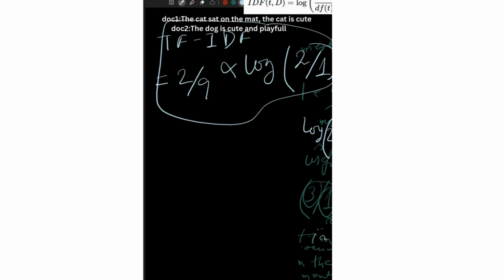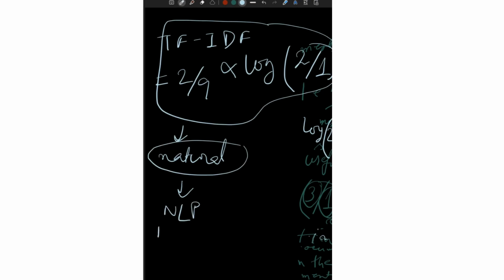This thing we will calculate in Node.js. Don't be scared about this, because in Node.js we have a separate module for implementing Tf-Idf. That module's name is natural. I guess natural means natural NLP, and NLP means natural language processing, which basically processes human language, so from there this name came.